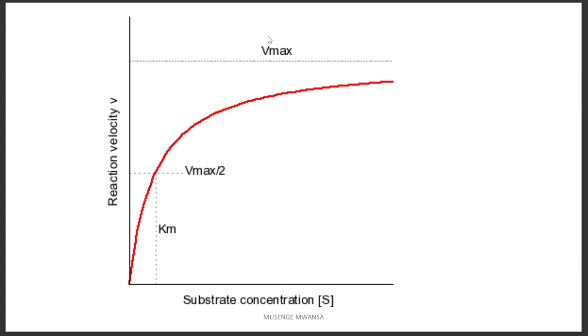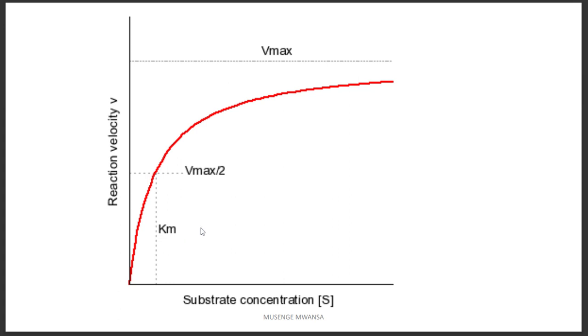Now, if I get this Vm, that is the maximum velocity, I divide it by 2. I have a middle there that is Vmax divided by 2 or half Vmax. And then I go on the graph and drop down. What I'm going to find is Km. So this one is also going to be important.